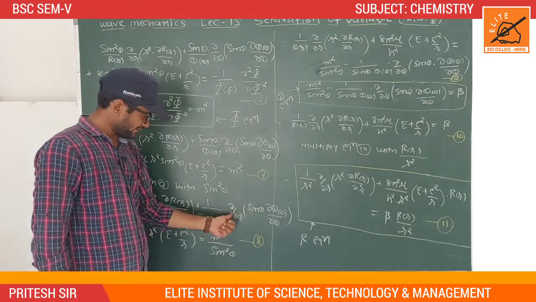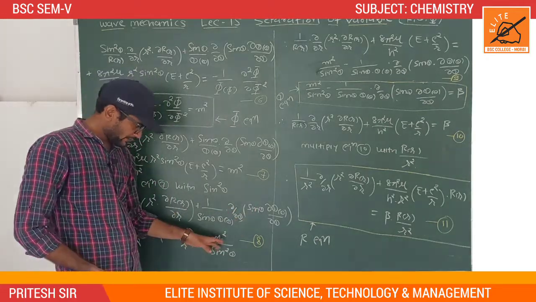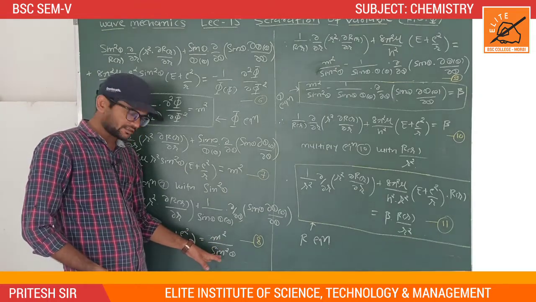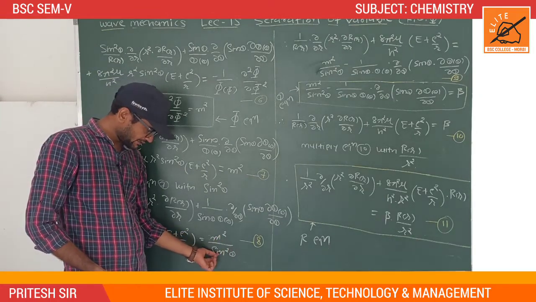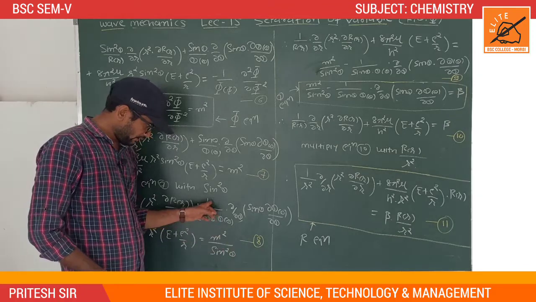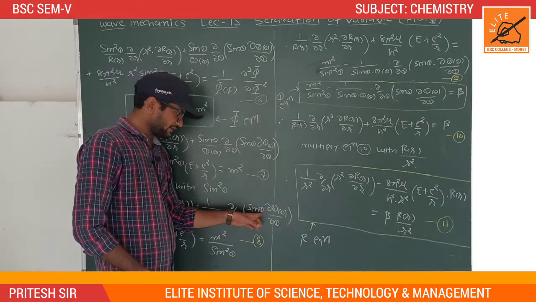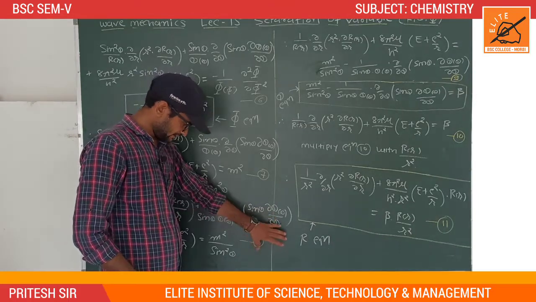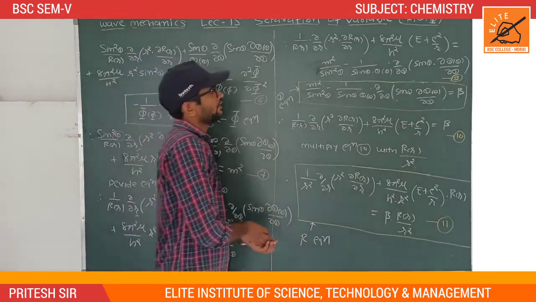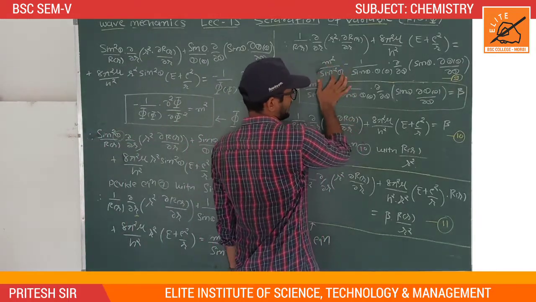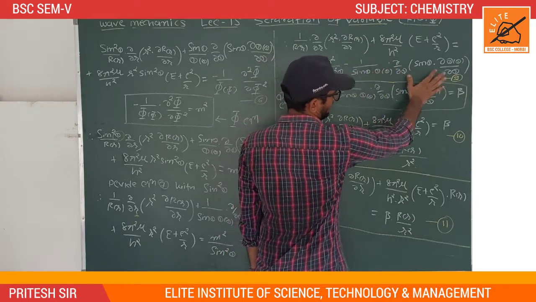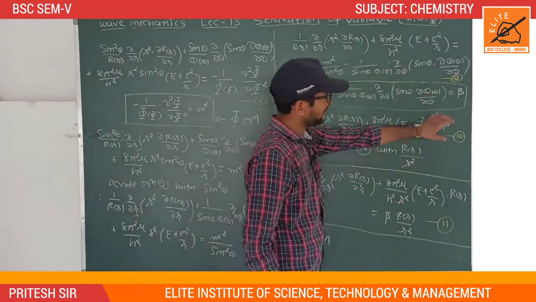It means at the right hand side the remaining term is m square upon sin square theta minus 1 upon theta into sin theta into del by del theta sin theta del theta upon del theta. Okay, so here m square upon sin square theta minus this is the theta term. So this is equation number 9.